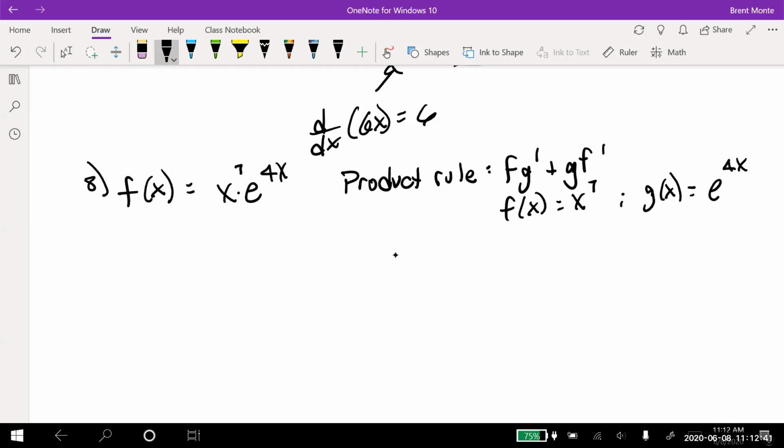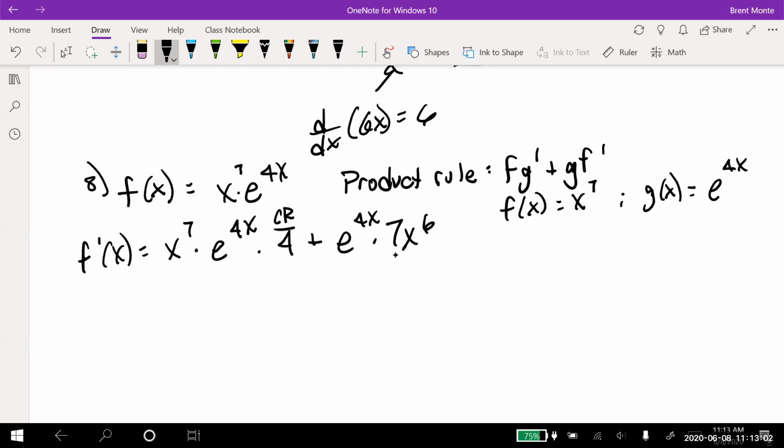So now when I go f prime of x, it's the first, x to the 7th, times the derivative of the second, e to the 4x times 4 from the chain rule, plus the second, e to the 4x, times the derivative of the first, 7x to the 6th. So again, first times the derivative of the second, plus the second times the derivative of the first.